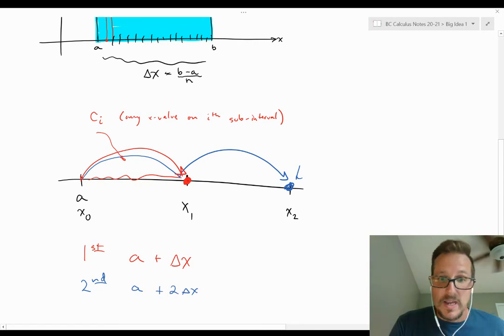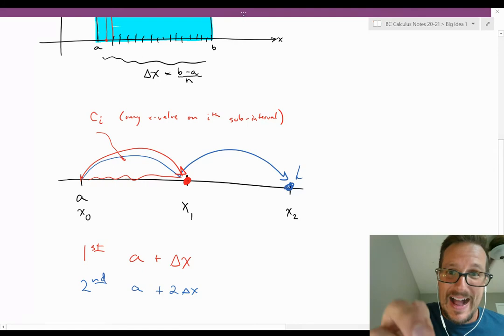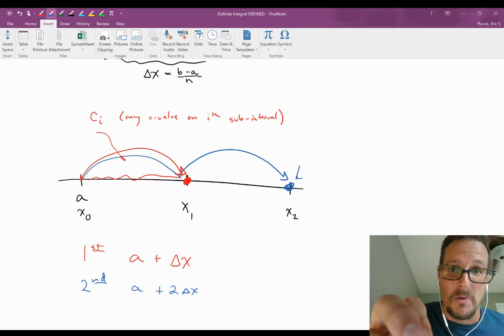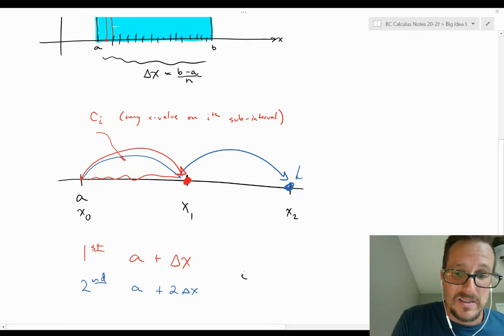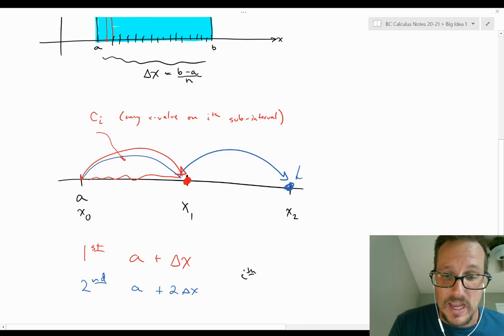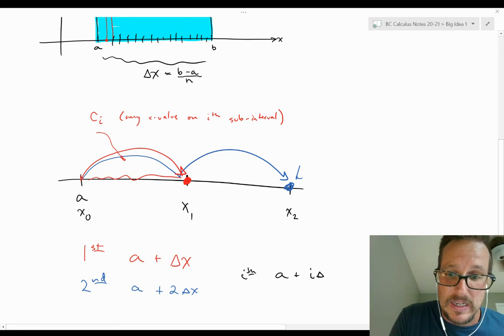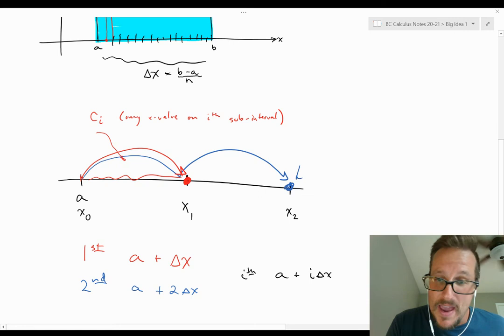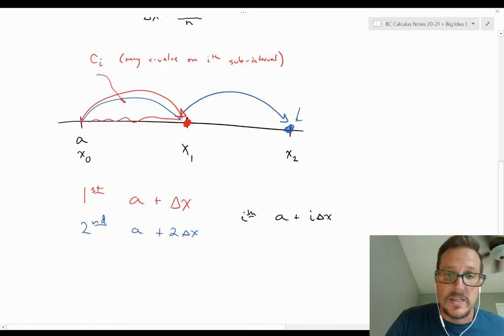And the way it's going to work out, the generic ith right endpoint, just any old ith right endpoint, is going to be a plus i delta x.